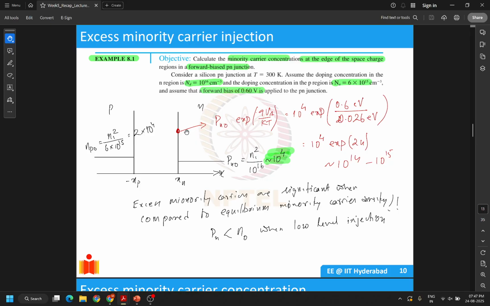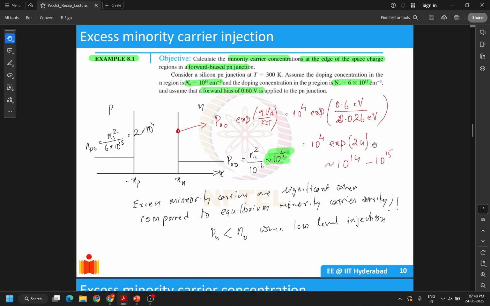Then the value you know is Pn naught exponential Q Va by kT. Va is given as 0.6, and kT by Q for 300 Kelvin we know as 26 millivolts. So it becomes 0.6 upon 0.026. If you calculate that, you get approximately e power 23.